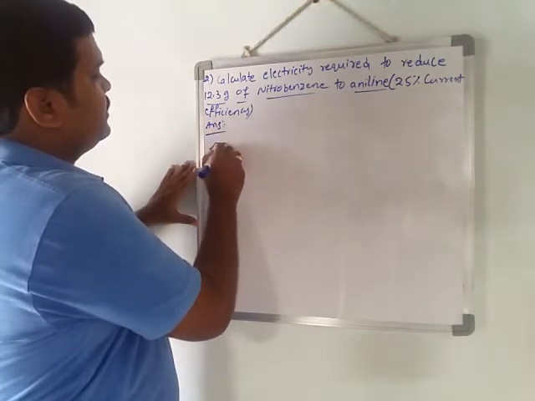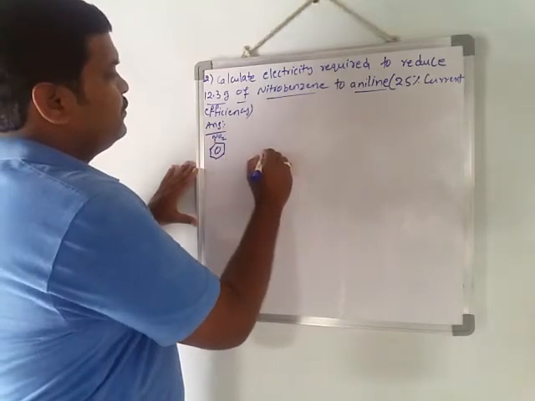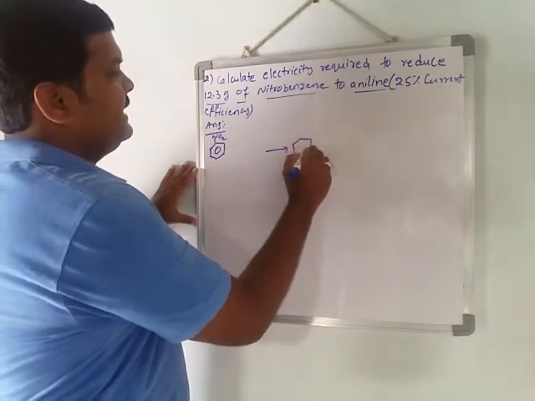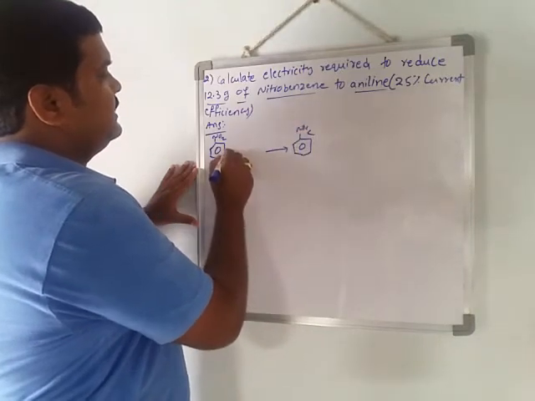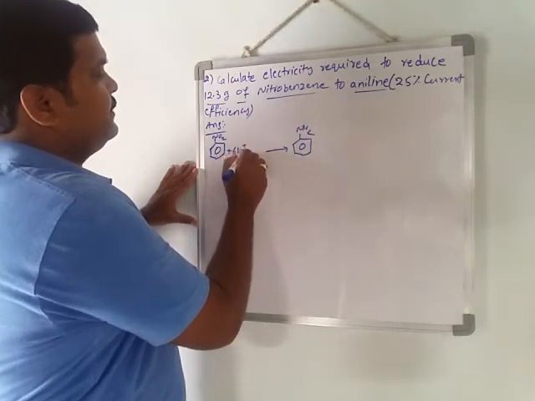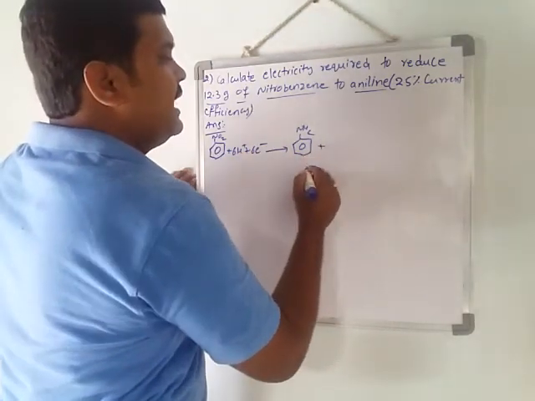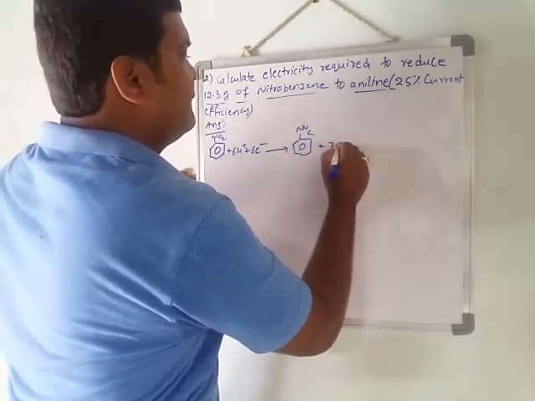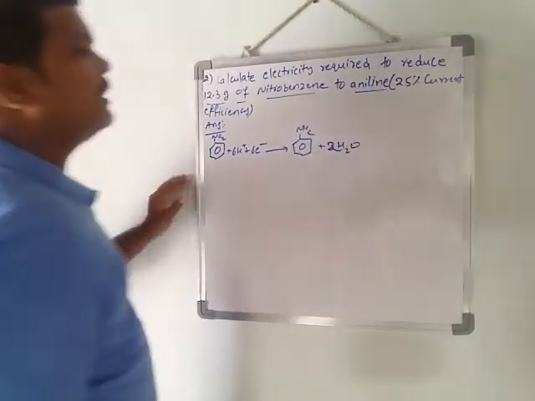So, nitrobenzene to aniline. Here 6 moles of hydrogen means 6 electrons. That gives us aniline with 2 moles of water molecules.